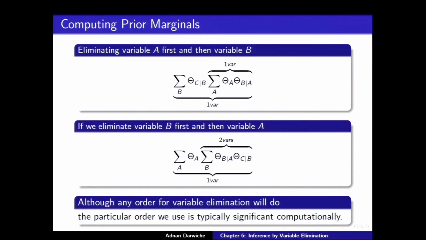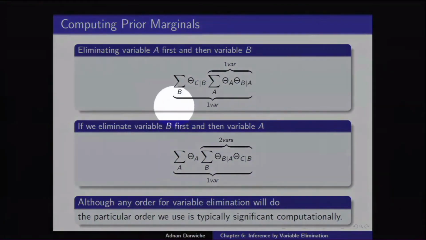And this example just illustrated, not that dramatically, what happens. We eliminated a first, then b. When we eliminated a first, we multiplied these two guys. That's over 2 variables, correct? We summed out a. This final thing is over 1 variable, which is b. Then, when we eliminated b, we multiplied this guy with that guy. We got a factor over bc, correct? And we summed out b. Then the final thing was also over 1 variable.